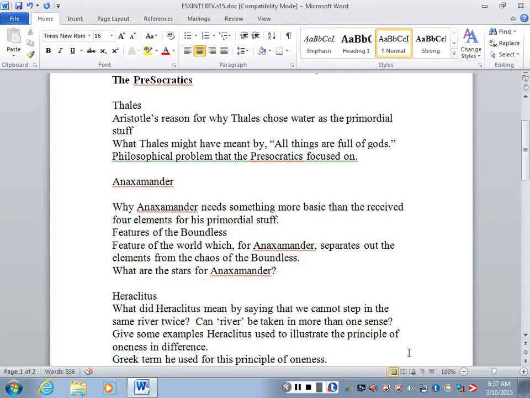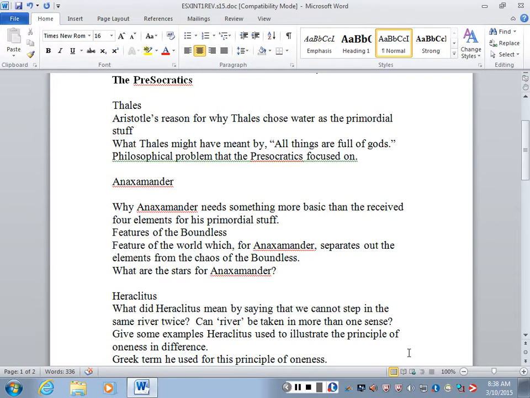Well, okay. For the pre-Socratics, sometimes this is called the Milesian school. We looked at Thales, and we saw that Aristotle said Thales chose water as the primordial stuff.